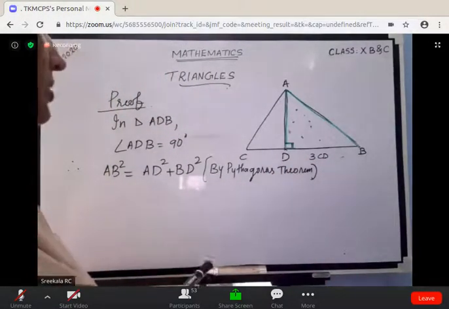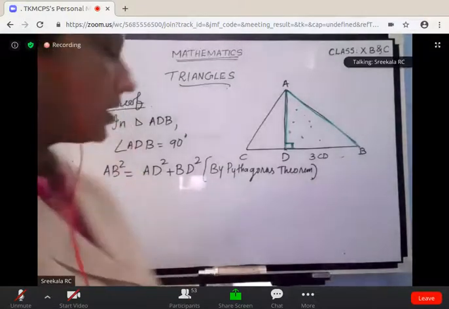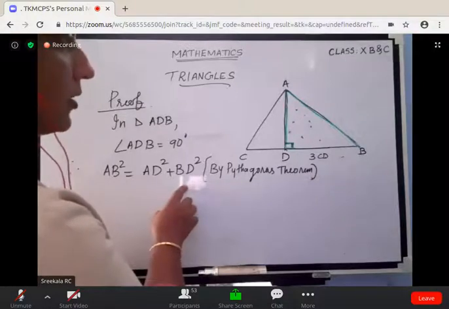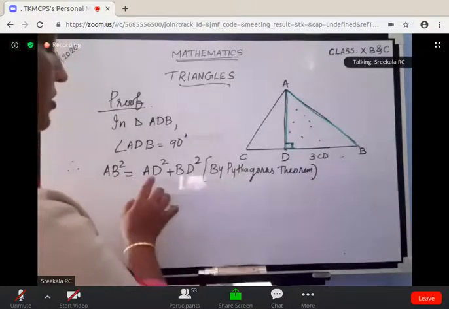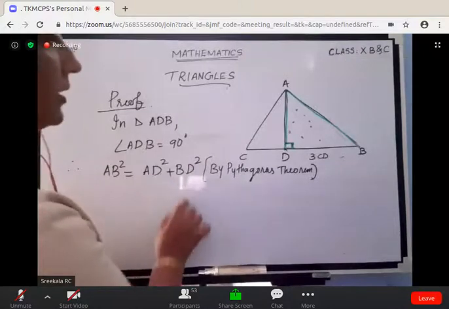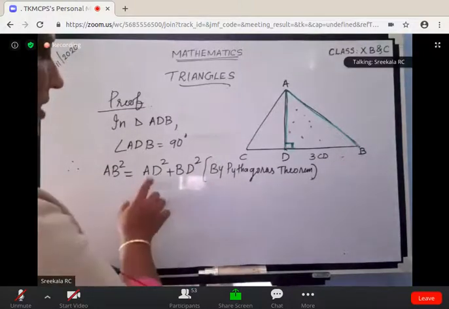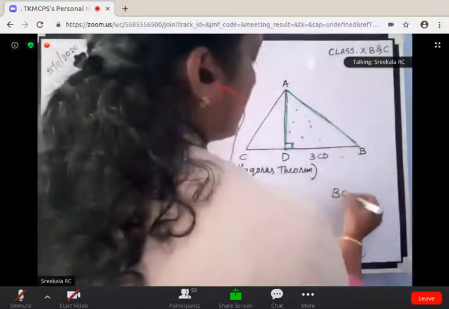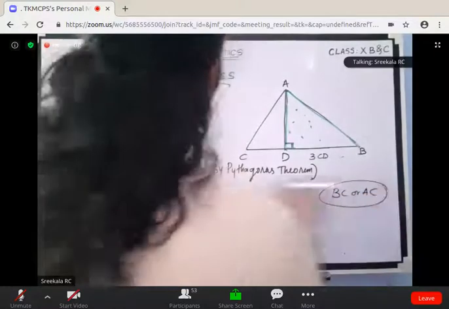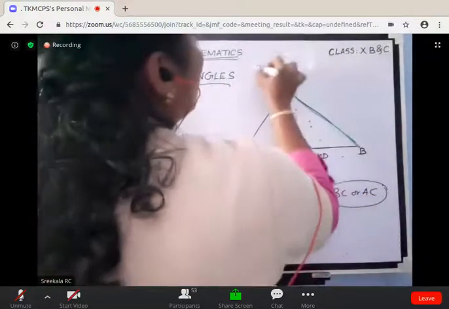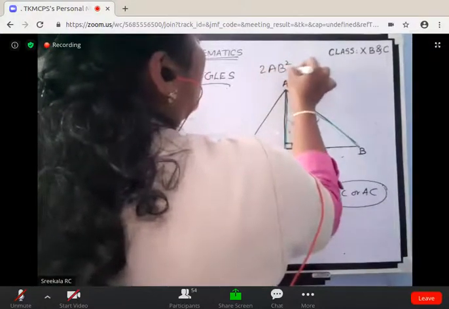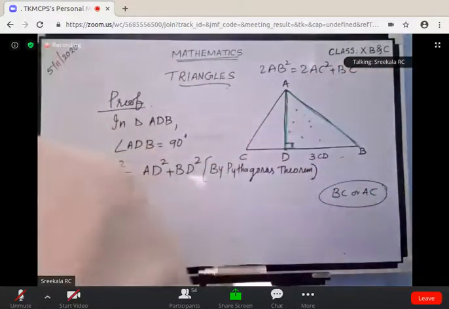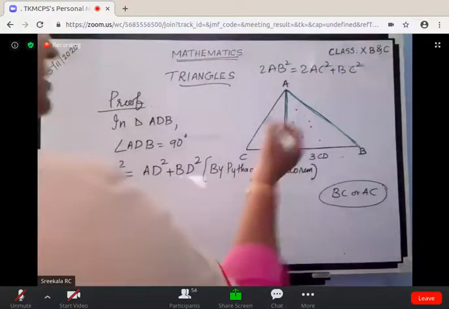Here we have to prove that 2AB square equals 2AC square plus BC square. There is no AD and BD in it. So we have to change AD and BD. How can we change AD and BD? AD and BD must change to BC or AC, because we have to prove 2AB square equals 2AC square plus BC square.